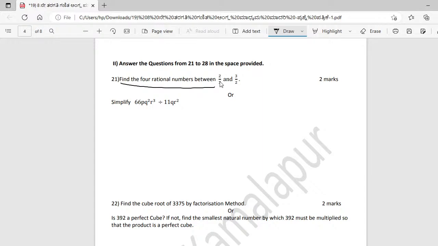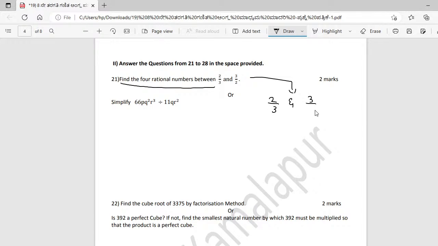Now to find the four rational numbers between these two rational numbers, we need to make the denominators similar. To do that, we need to take out the LCM of the denominators. Our question is 2 by 3 and 3 by 2.